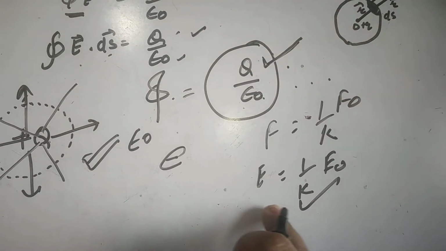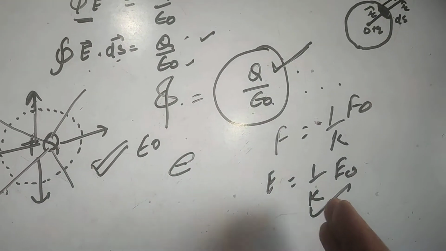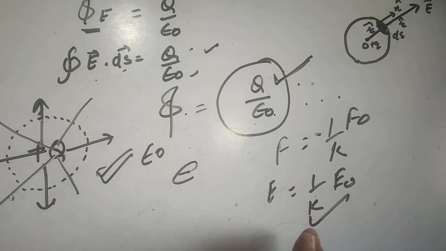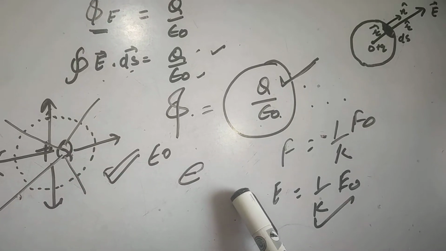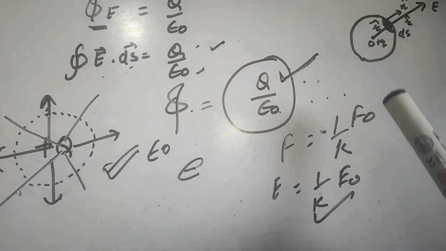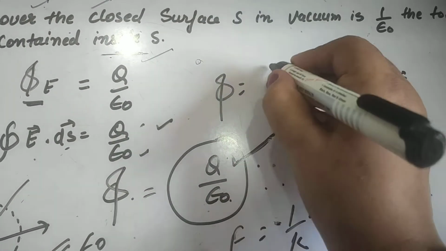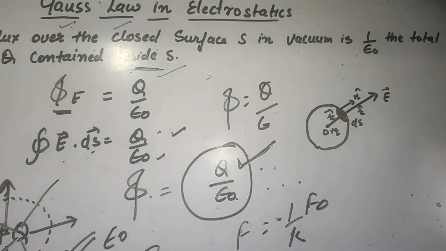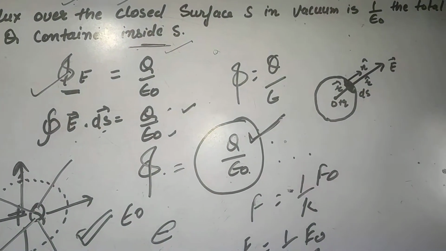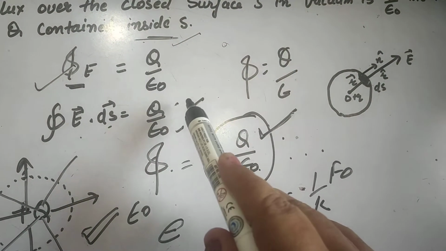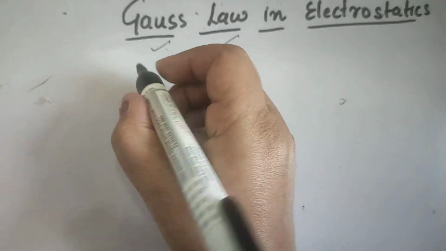So if the value of E decreases when we keep the charge in a medium, the field intensities decrease. It means the number of field lines passing through that surface will decrease. So when we change the medium from vacuum to any other medium, the flux changes to phi is equal to Q upon epsilon. So this is the Gauss law, according to which the flux passing through any surface is equal to Q upon epsilon naught.